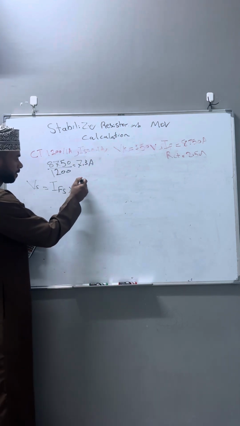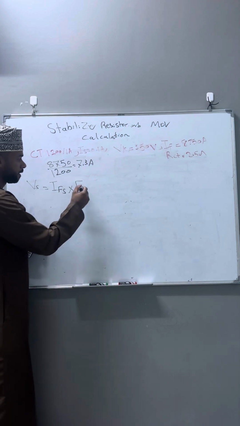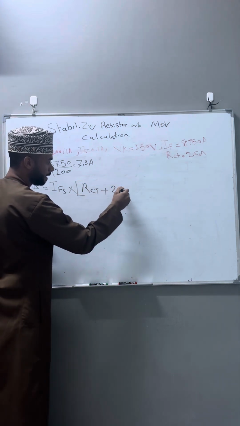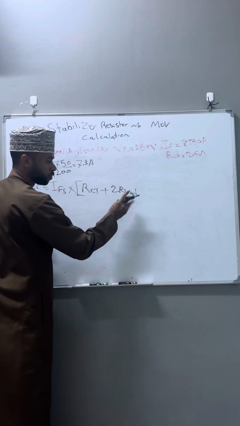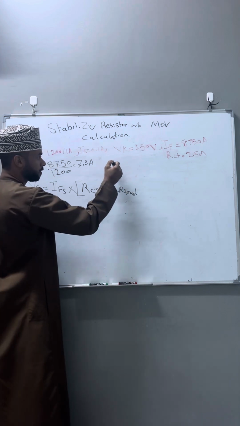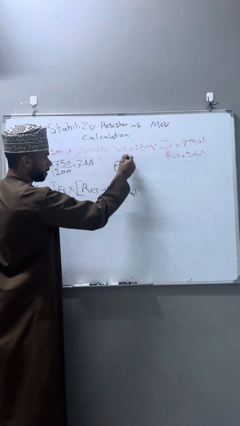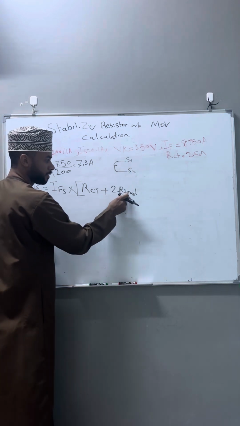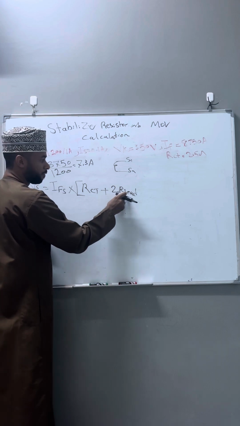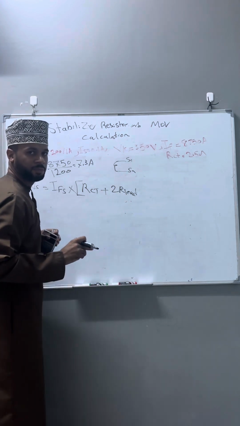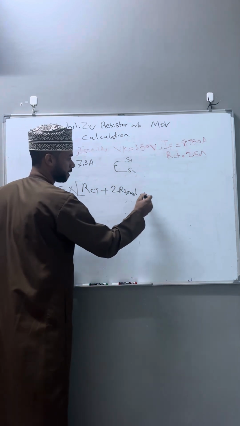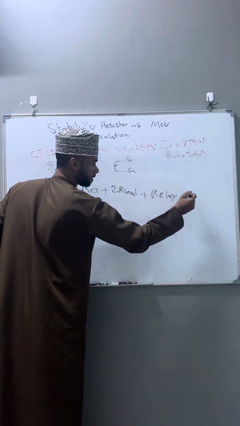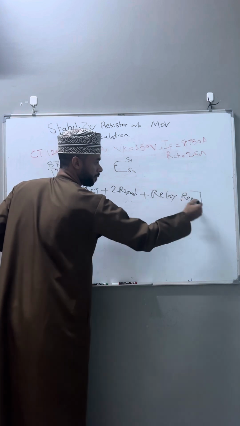This contains RCT plus 2 R lead, because in the current transformer we have two wires, right? This S1 and this S2. So that's why we use 2. And this lead resistance we can find from the manufacturer. Plus the relay resistance, and the relay resistance we can find from the relay manual.